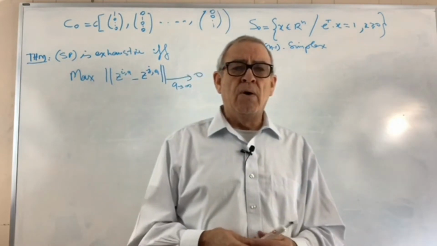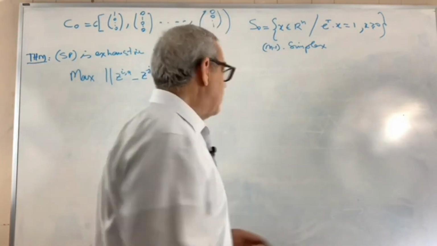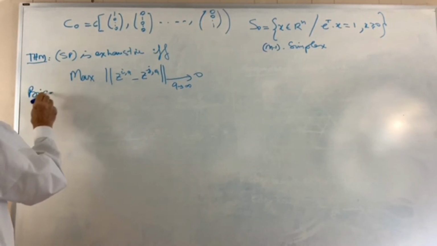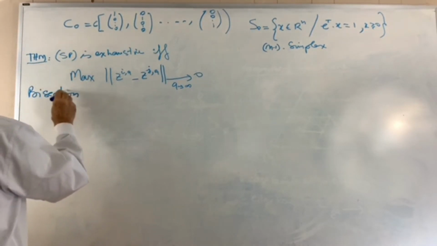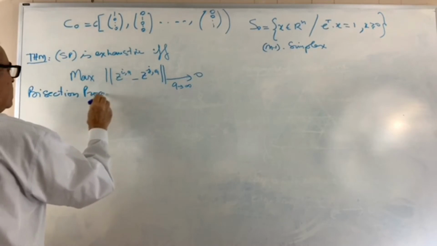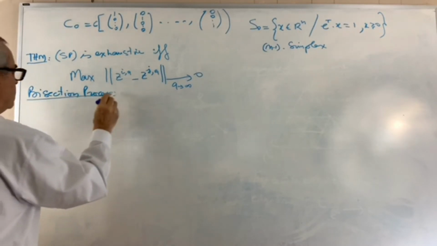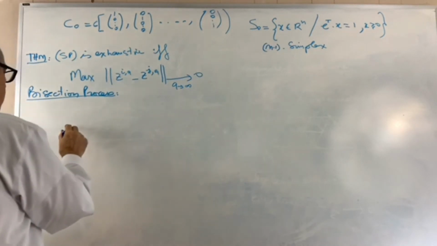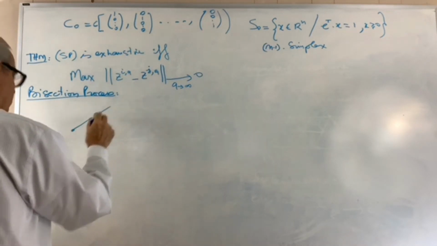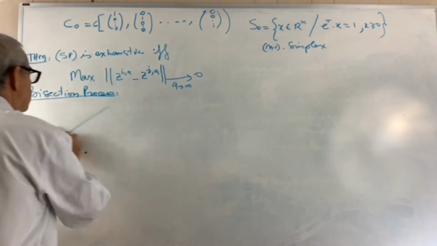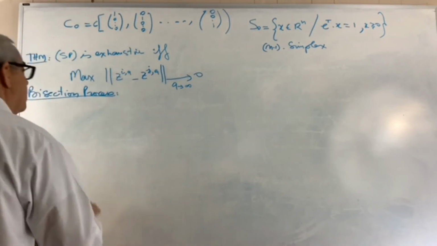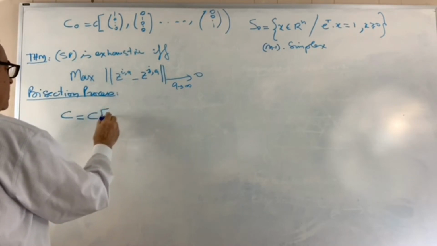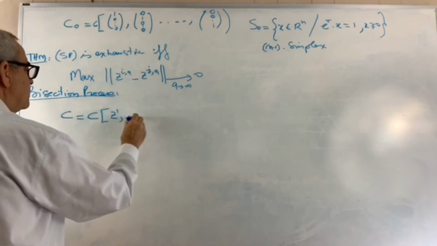So there is a process called the bisection process, and it goes as follows. We have, let's say, a cone C of Z1, Zn.